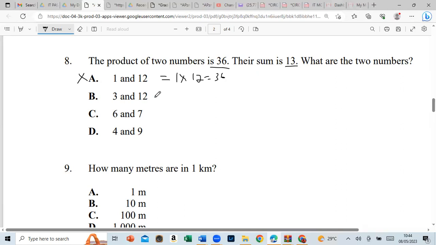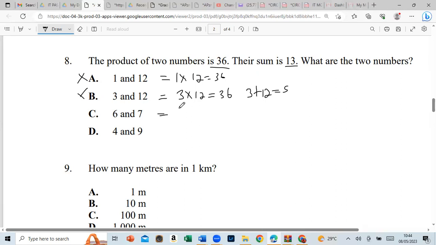Alright, now 3 times 12, that is 36. So let's check if we add them, what we get. 3 plus 12 is 15. So right there we can say, okay, it can't be this because it must satisfy both of them. So we can eliminate this.